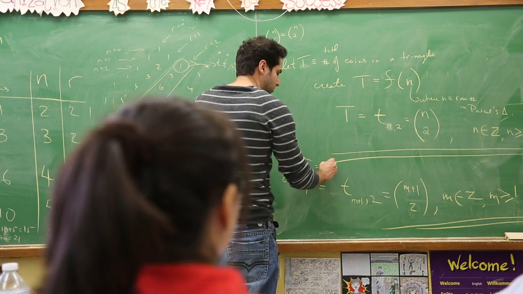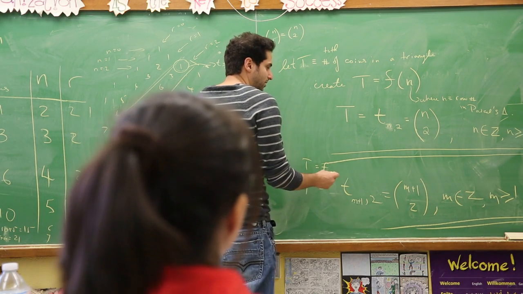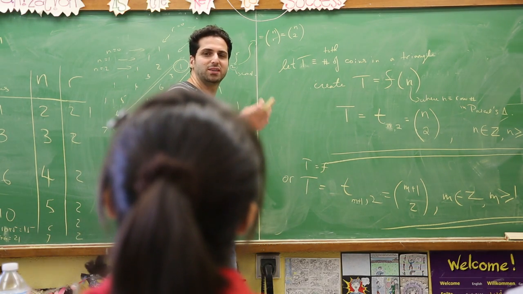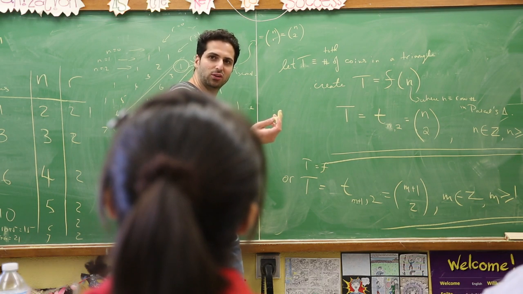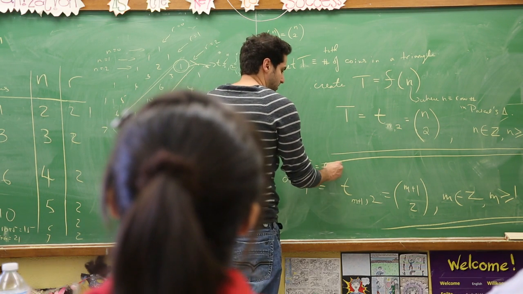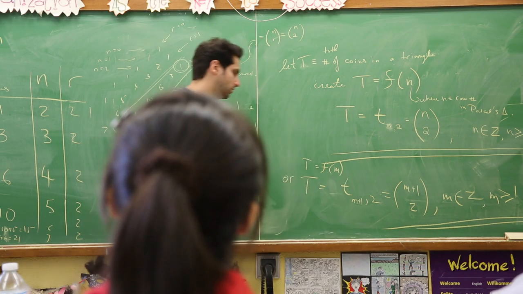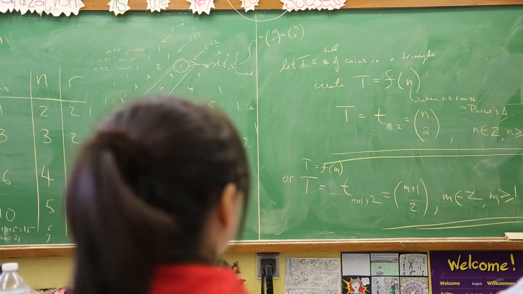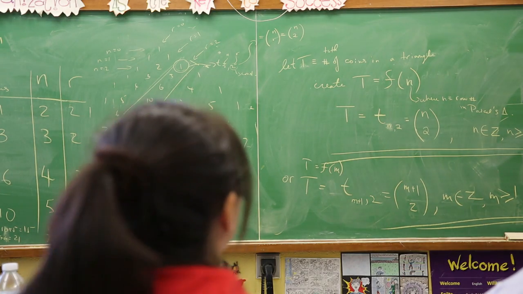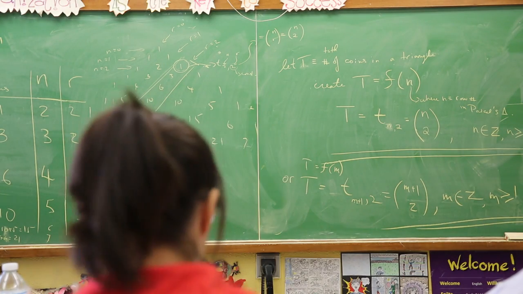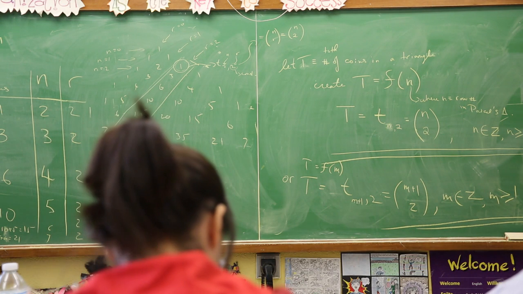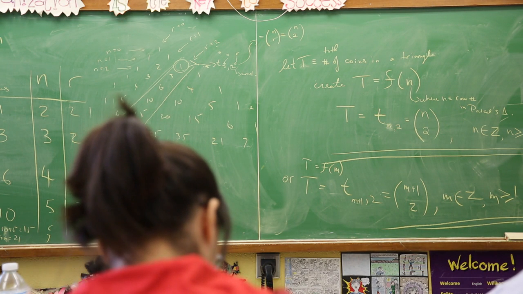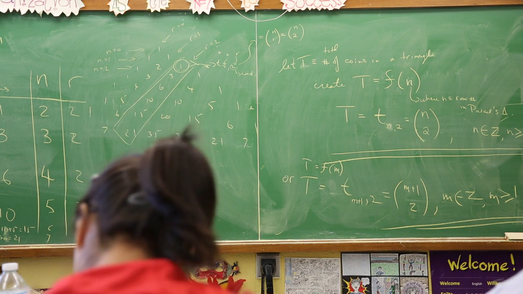It's unclear because they're talking about a triangle built from coins, but then they talk about Pascal's triangle. They're mixing things up. What matters is that you are explicit. So you have to define things. I'm fine with either one of those.